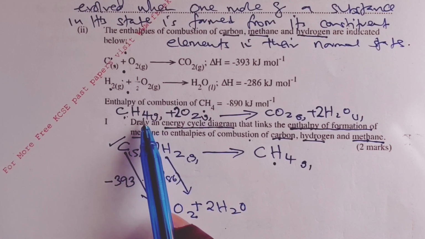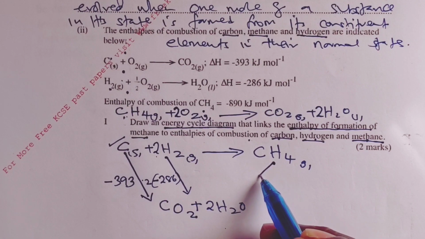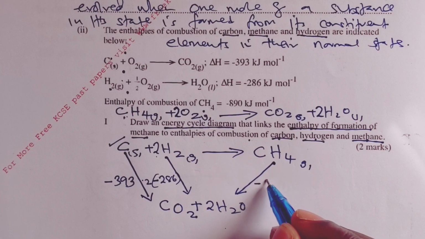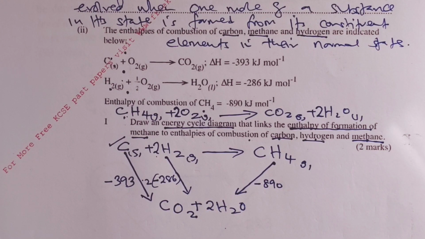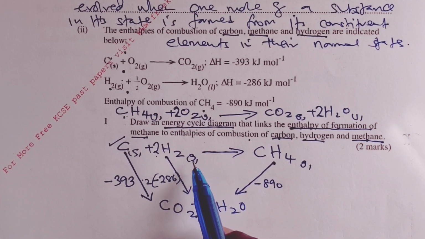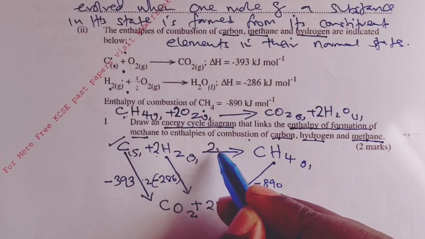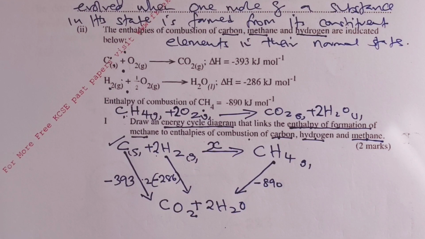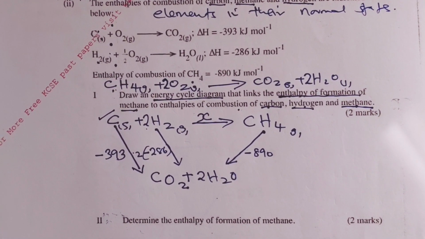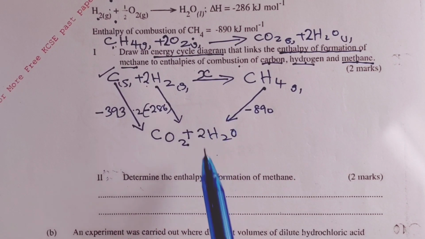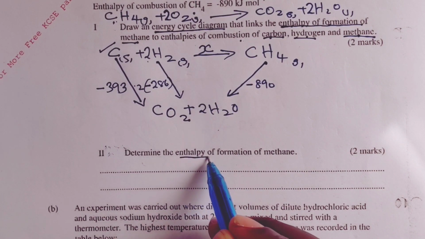And coming to equation 3, I will now derive it from that point going down, and I know I will have negative 890 kilojoules of energy. So this becomes our energy cycle diagram, and the enthalpy of formation of methane we do not know. So we shall represent it with X. For 2 marks.